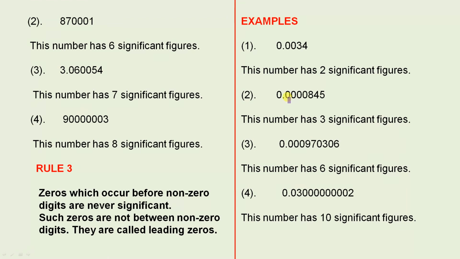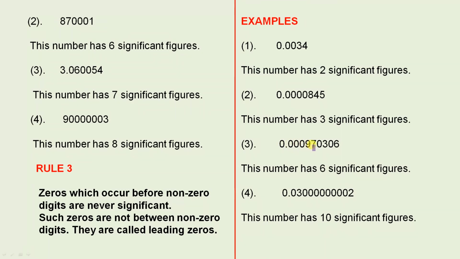Over here we've got 4 zeros. They occur before the 8. They are not significant. There are 3 significant figures. Over here we have all these zeros occurring before the 9. They are not between any whole numbers. They're not significant.